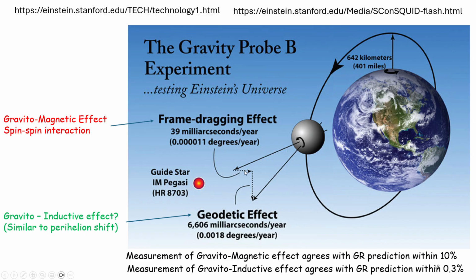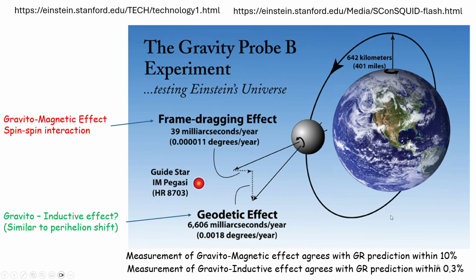So in this direction, we have the gravito-magnetic effect due to the torque that arises due to spin-spin interaction between this small spherical object and the Earth. And remarkably, they found a perfect agreement with general relativity within 10%. So that is truly remarkable.